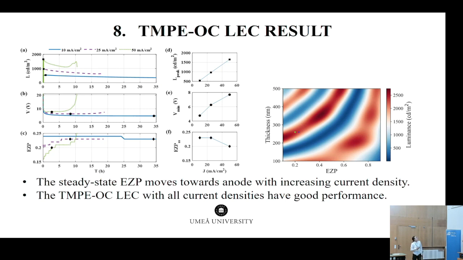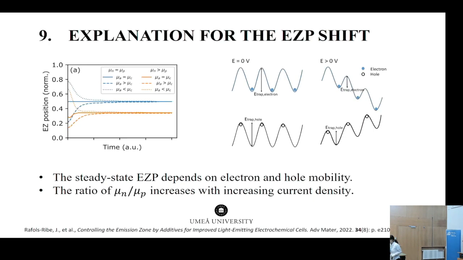Now I mark this emission zone position in the simulated luminance map. We can see that even at different current densities, they still sit in this red region, the high performance region. So for this TMPE-OC device, all the current densities are fine for operation.